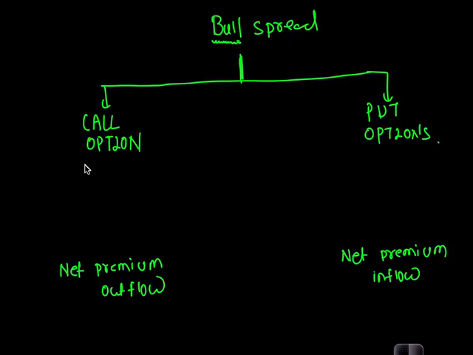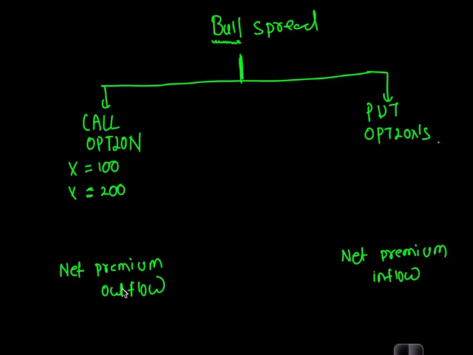So let us say we have two call options, one with the strike price of 100 and other with the strike price of 200. Now, which one of these two options you think would be more expensive? 100.